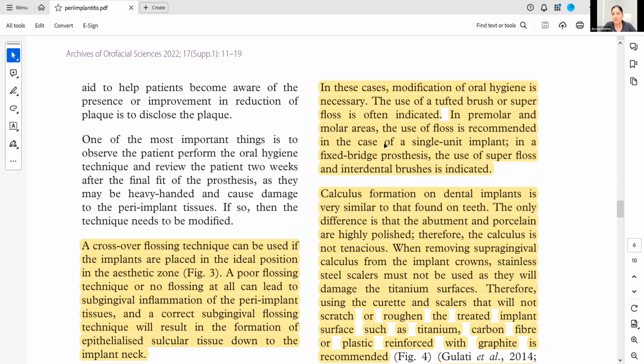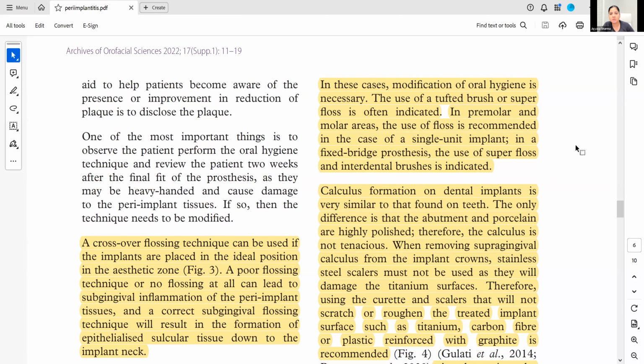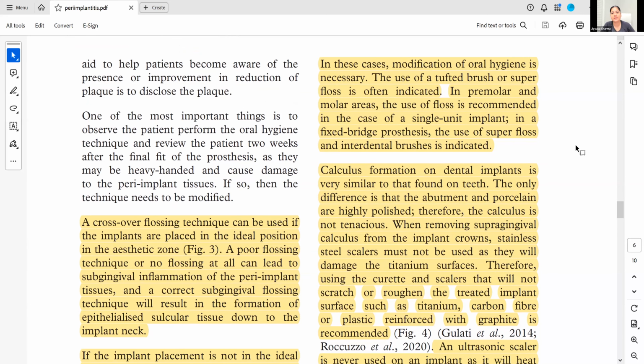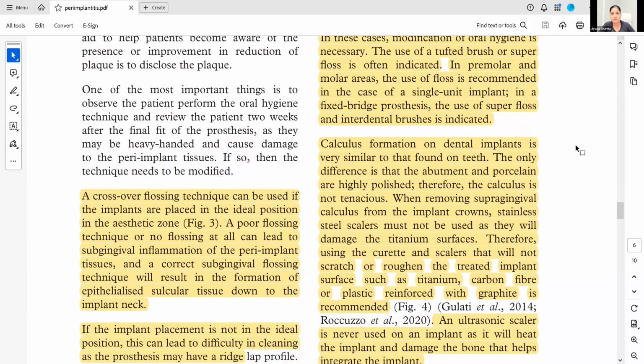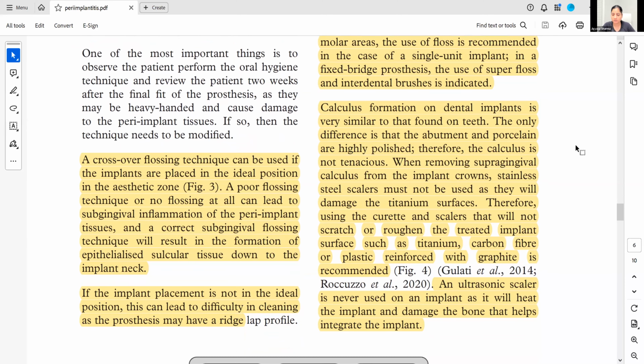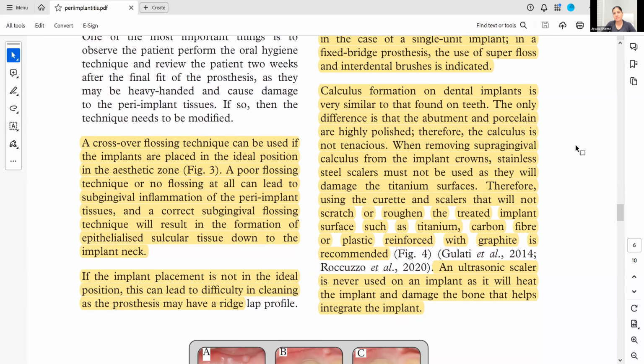Which is stiffer, penetrates and helps in cleaning. In premolar and molar areas, the use of floss is recommended in the case of a single unit implant. In your fixed bridge prosthesis, where you also have to go under the prosthesis, a superfloss or an interdental brush is indicated. Superfloss is a stiffer floss which can penetrate the difficult areas without bending and without involvement of dexterity.